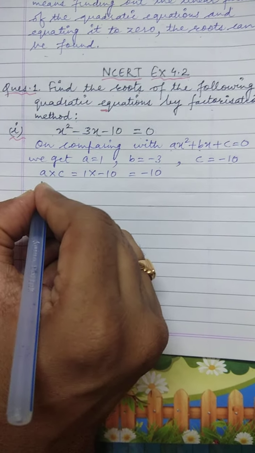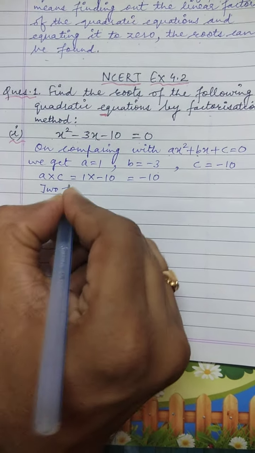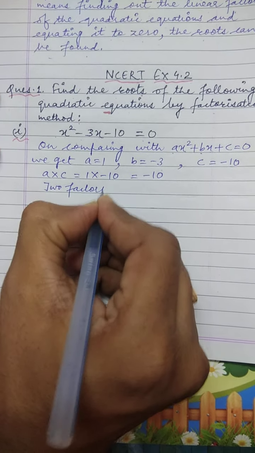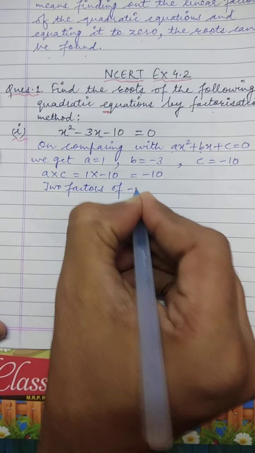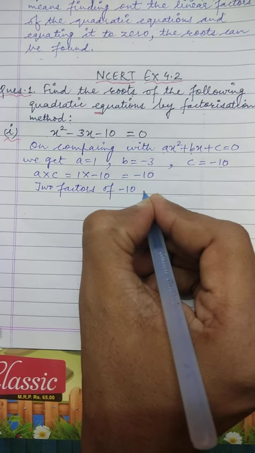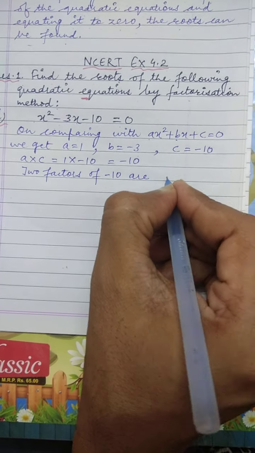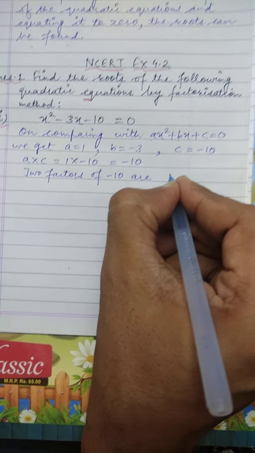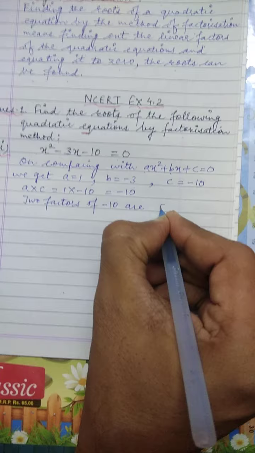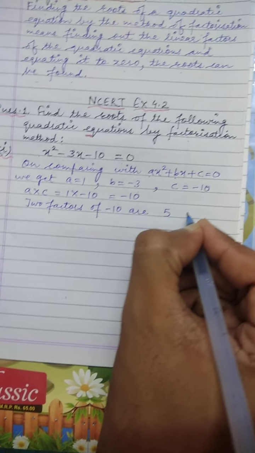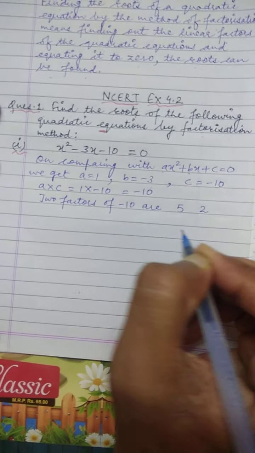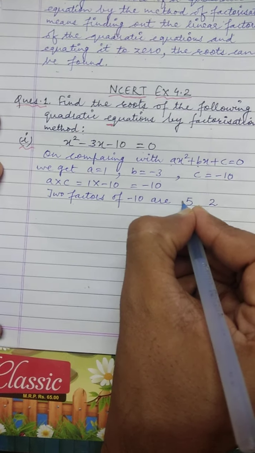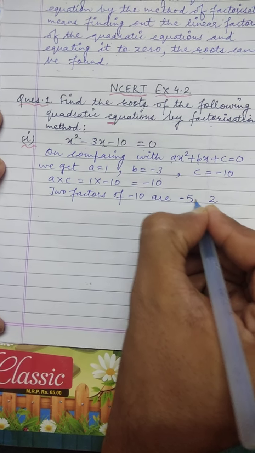So the two factors of minus 10 can be 5 and 2, minus 5 and minus 2.